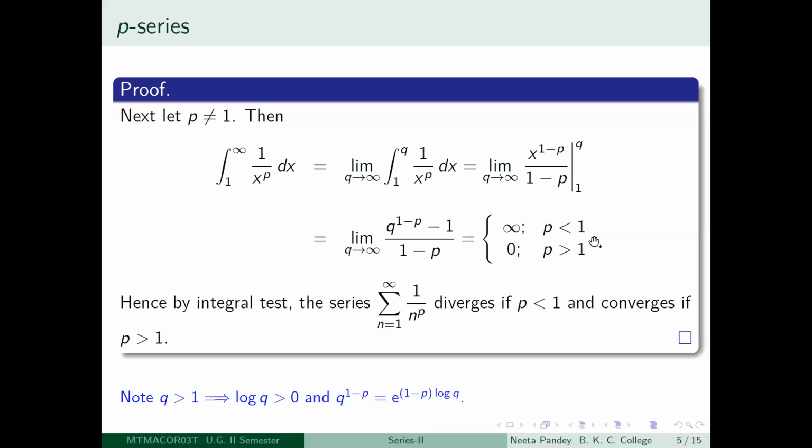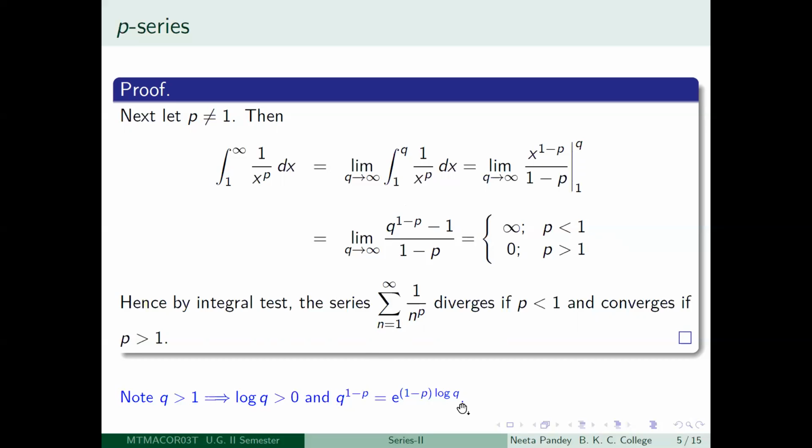If you let p be less than 1, then the denominator here is positive, right? It is in any case not dependent on q, but it is a positive scalar. And what is happening to the numerator? As q tends to infinity, q to the power of a positive number will also tend to infinity. 1 minus p is positive, so as q tends to infinity, q to the power 1 minus p also tends to infinity.